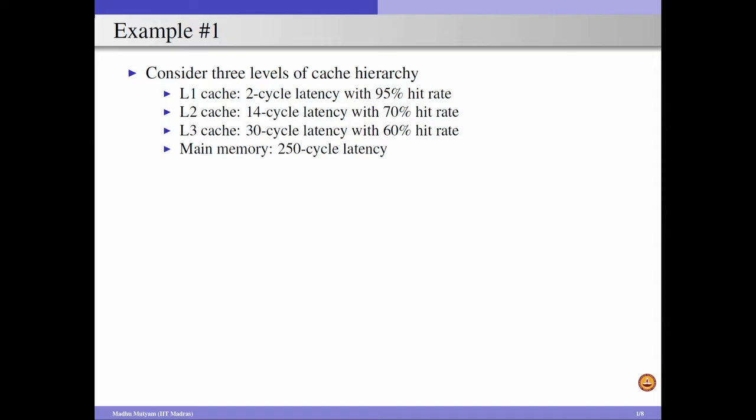So, consider 3 levels of cache hierarchy in a system where the L1 cache takes 2 cycle latency with 95% hit rate. L2 cache is bigger than L1 and takes 14 cycle latency with 70% hit rate, and the last level cache, LLC or L3 cache, takes 30 cycle latency with 60% hit rate.